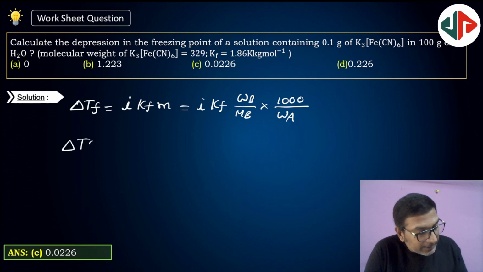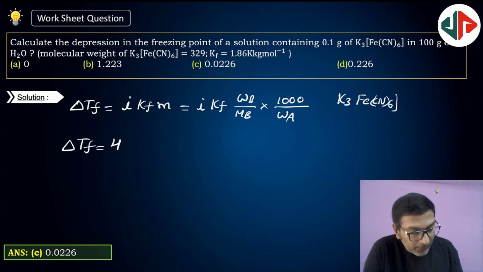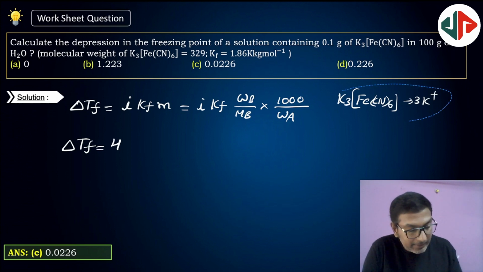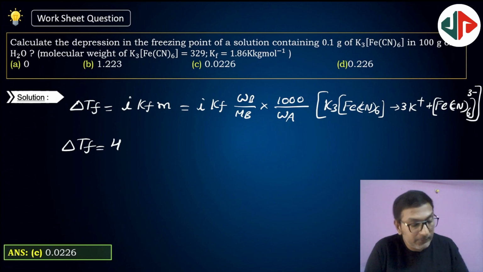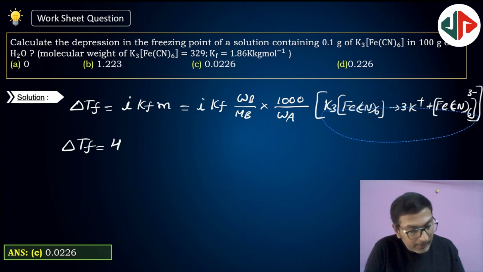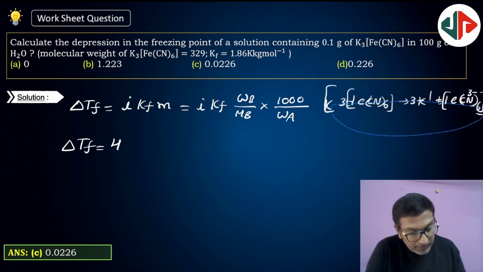So therefore delta Tf equal to i value 4, because K3Fe(CN)6 dissociates to 3K+ plus Fe(CN)6 3-. So here I will write i value equal to 4.